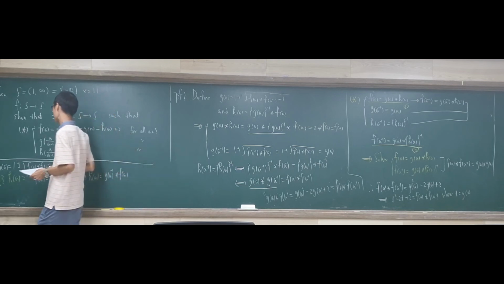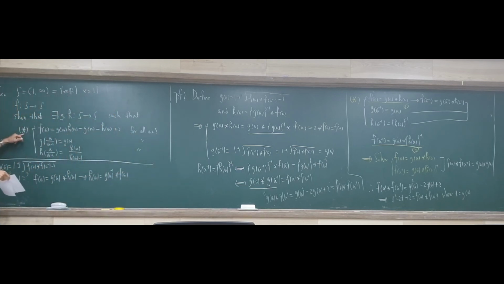Actually, you should note that the operation star is a very good operation, and so the star operation gives a group structure on the set of real numbers greater than 1, and this theory is very closely related with group theory.